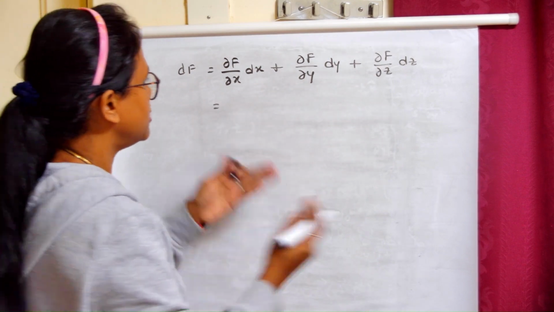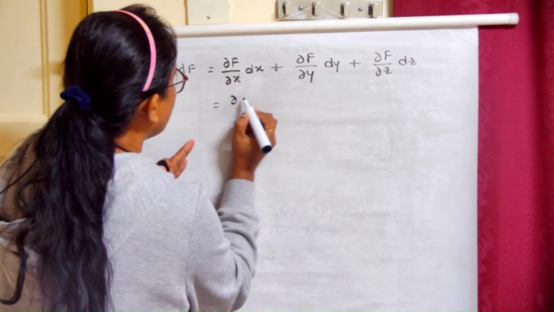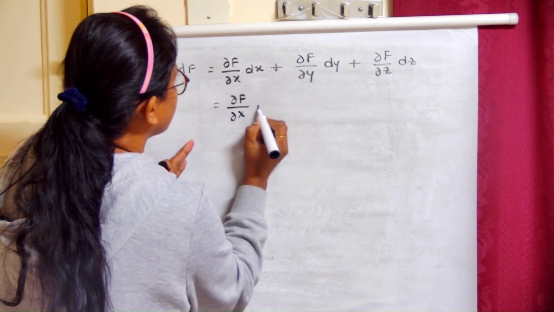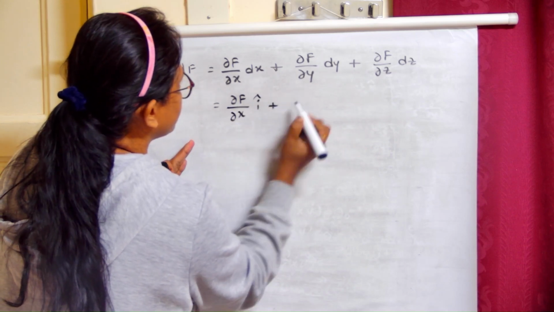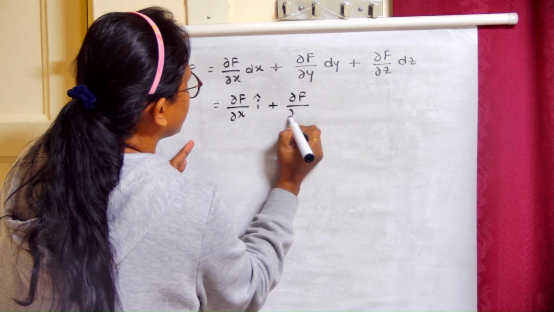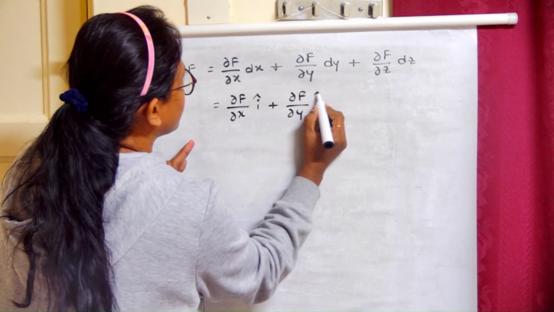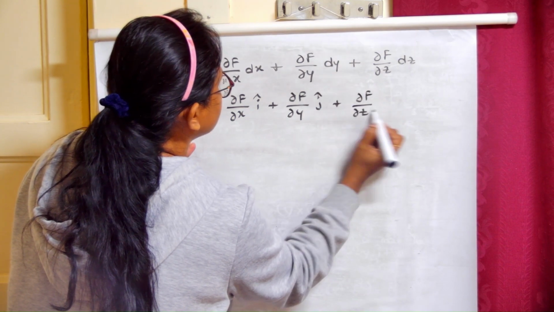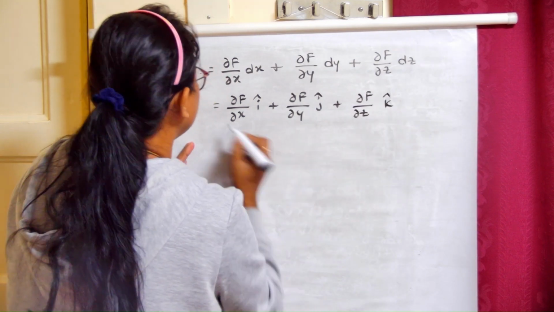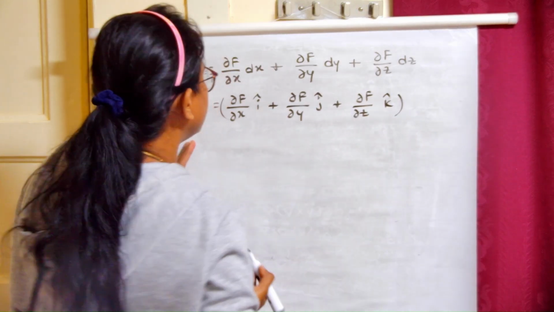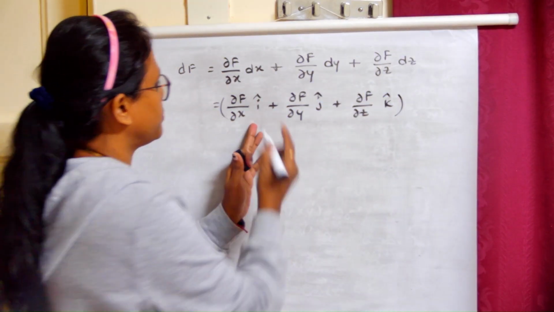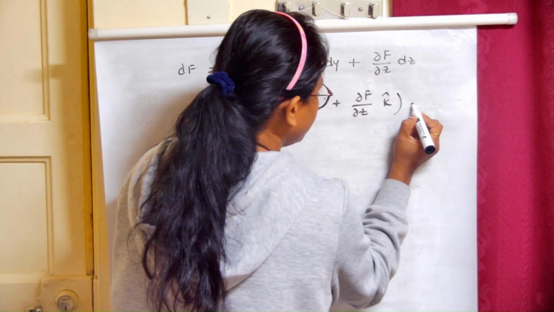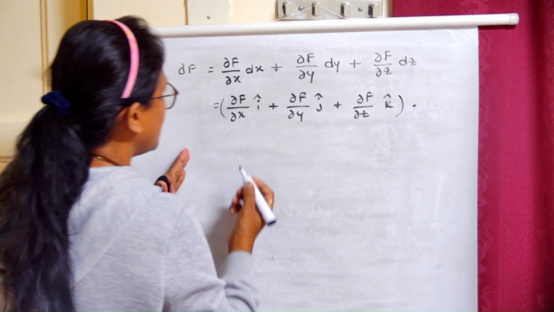This term can be split into two, as a dot product of two vectors. As this change is having direction towards three coordinate axes, we can write this in vectorial form, the variation of function f along three directions.